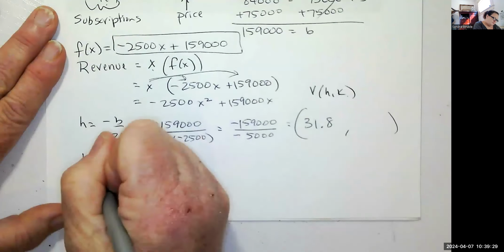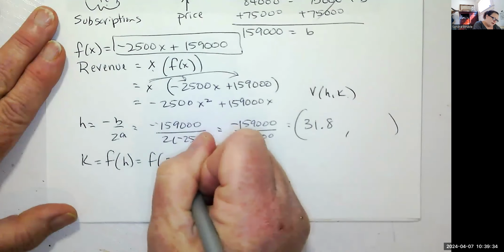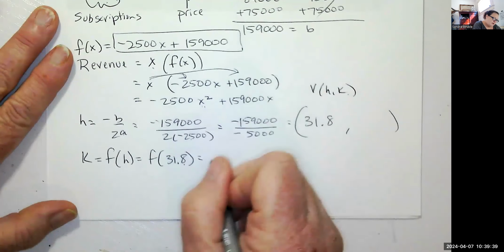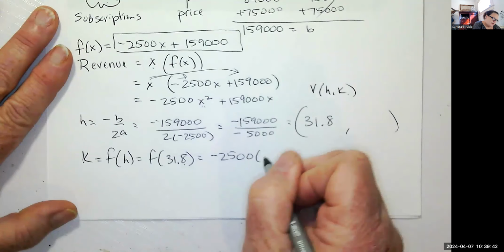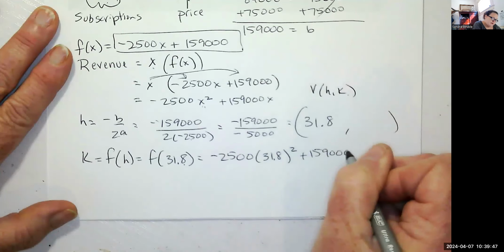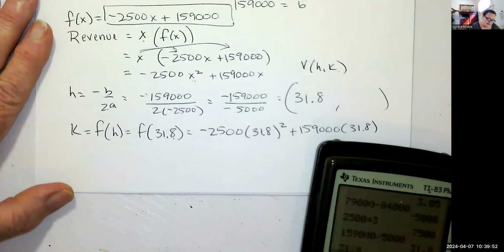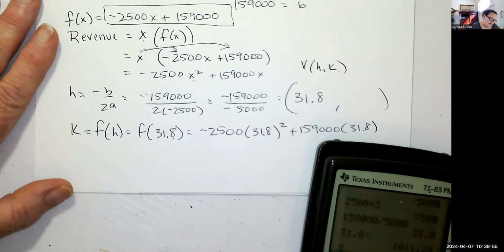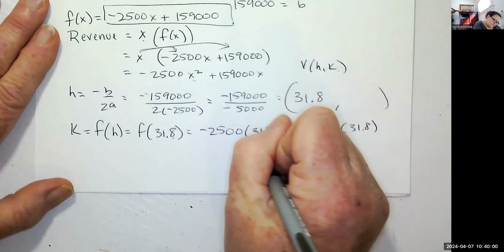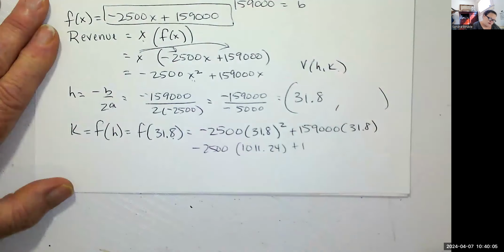What is our k? f of h, so f of 31.8. Plugging in 31.8 for my function here: negative 2,500 times 31.8 squared plus 159,000 times 31.8. 31.8 squared times 2,500, what is that?